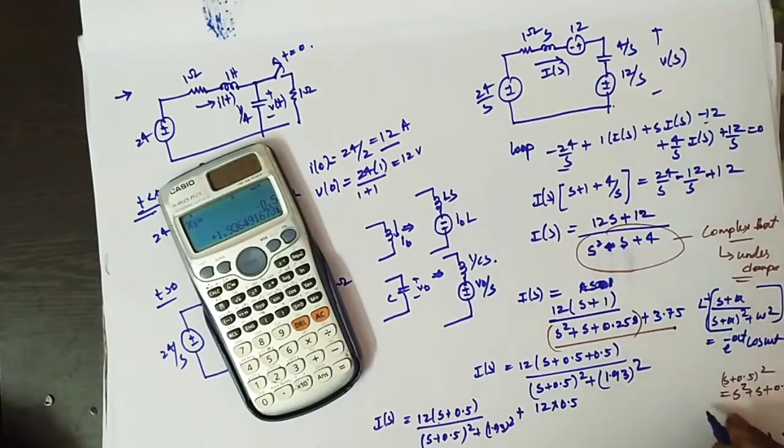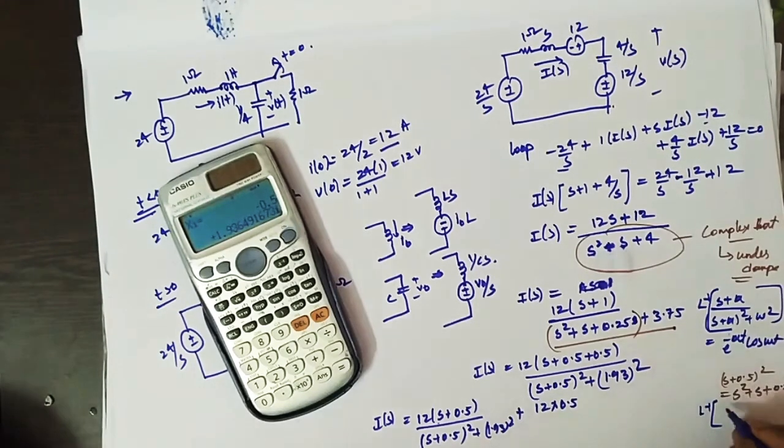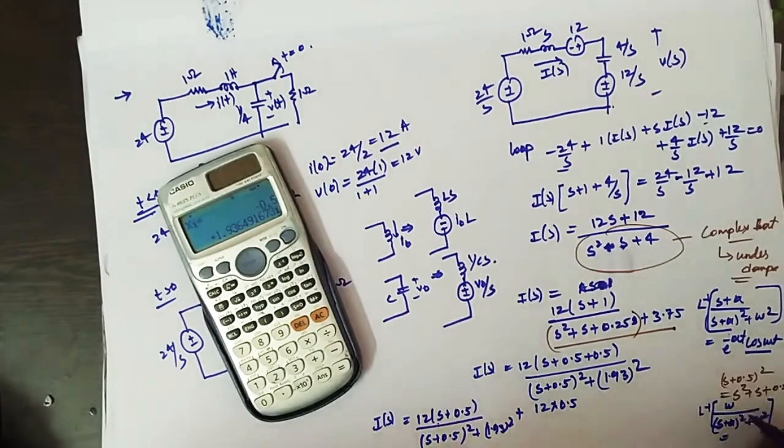So again we have the other function: Laplace inverse of omega by s plus a whole square plus omega square equals e power minus at sin omega t.